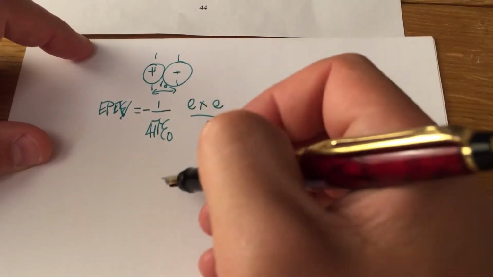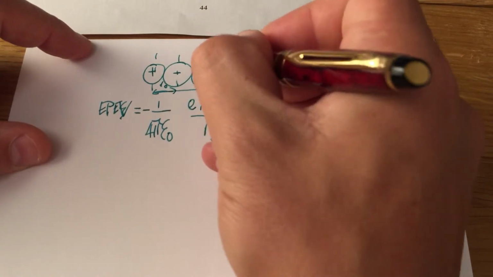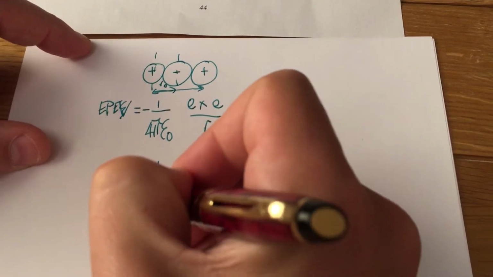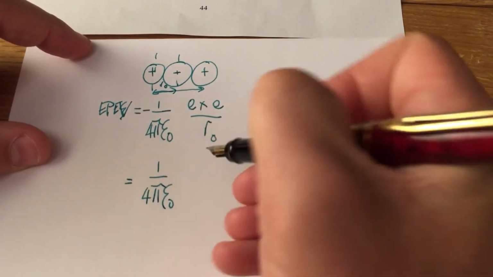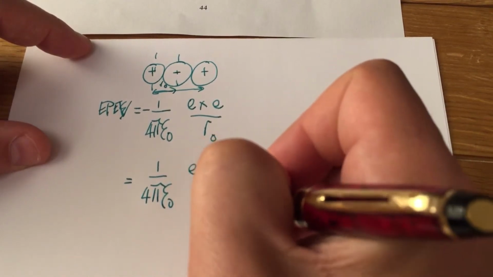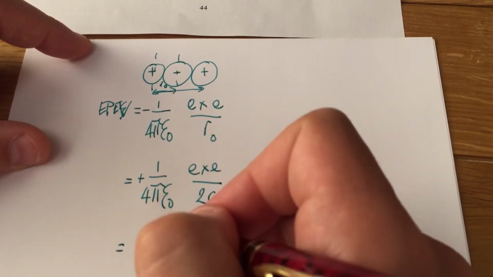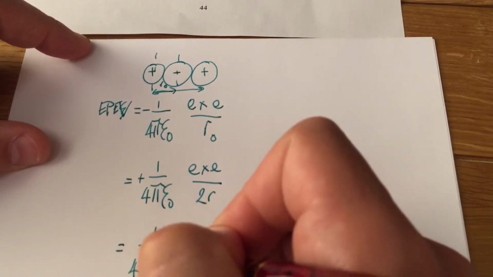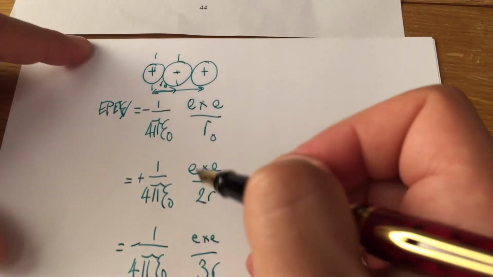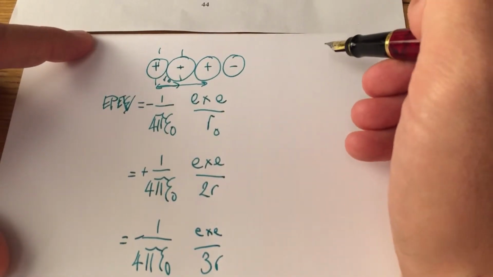Now, as we start to move out further, we get another one sitting at 2R. So our potential there becomes e times e again over 2R, and that's positive. And then the next one becomes e by e over 3R, but that's negative because now we have another negative charge in there, and so on and so on.